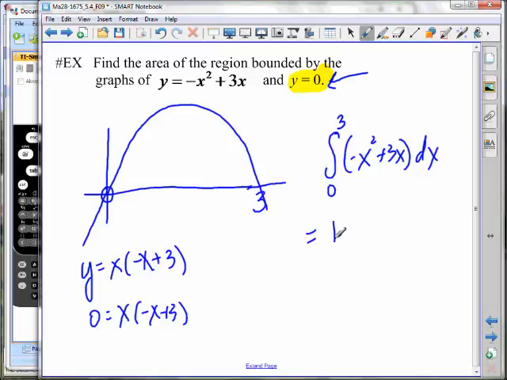That's equivalent to capital F of what, minus capital F of what? So F of 3 minus F of 0. But in order to do all of that, what's our first step? Find the antiderivative. Okay, good.